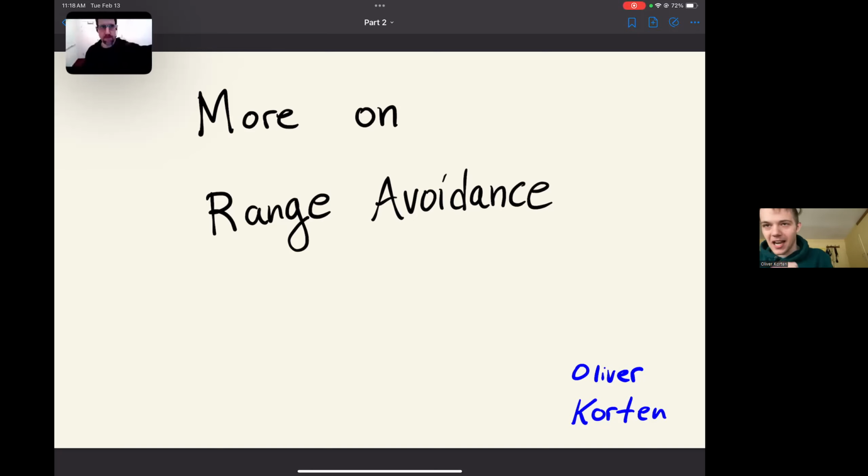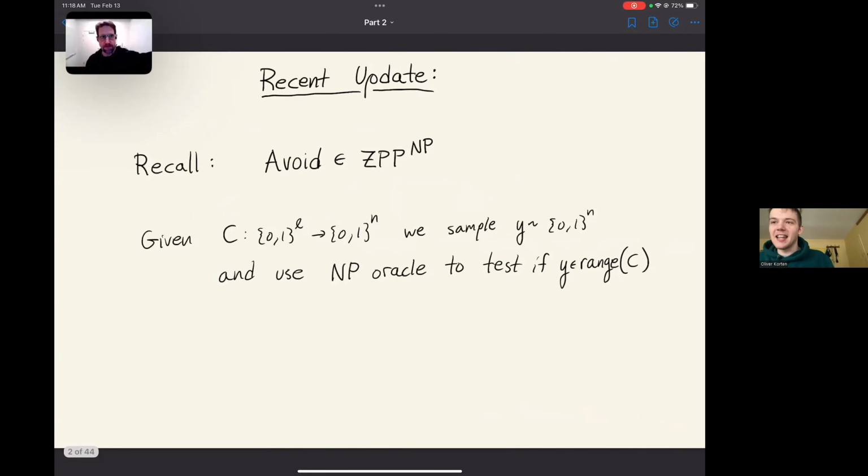Before I get to that main topic, I do want to mention one thing, a very significant recent update on this problem that I would be remiss not to mention anywhere in this talk. If you recall, what I said before is that the easy upper bound we can give for this problem is a ZPP to the NP algorithm. The idea is we sample a random solution and use the NP oracle to test it.